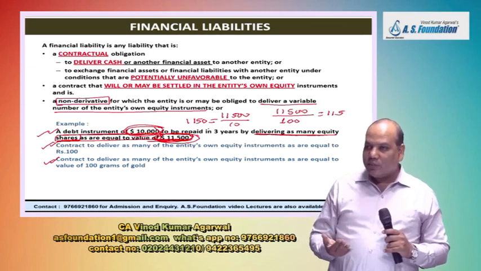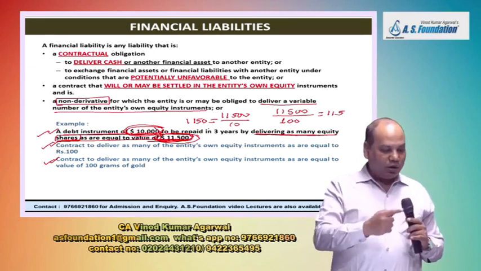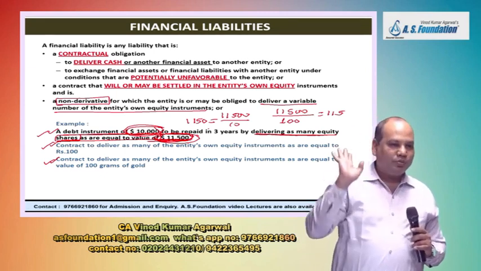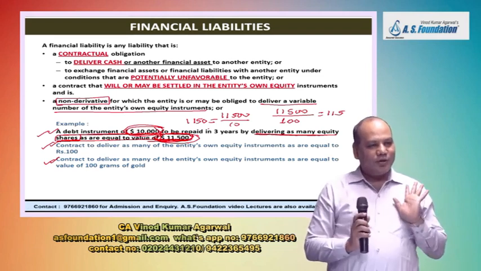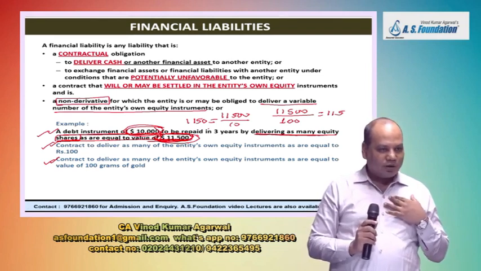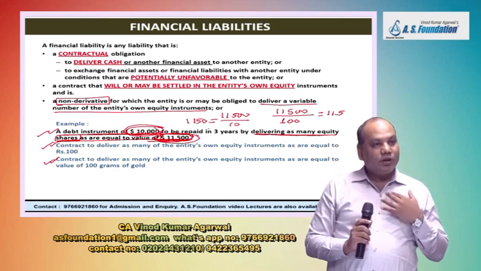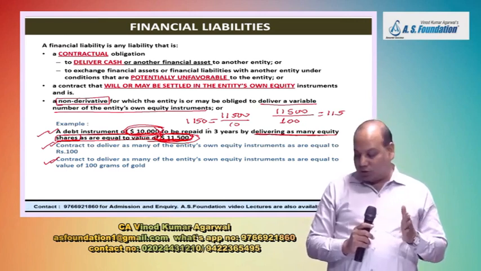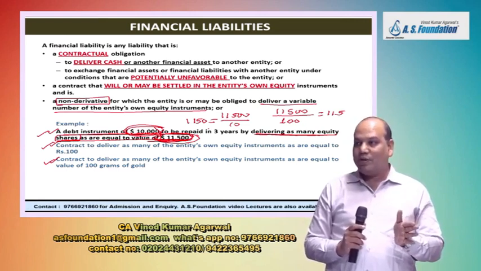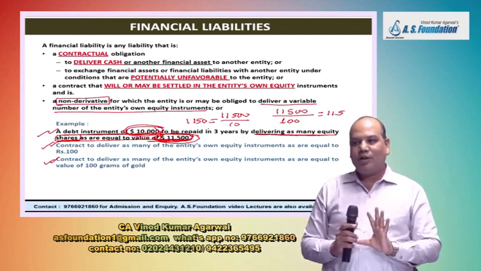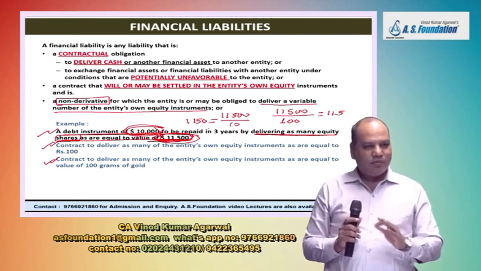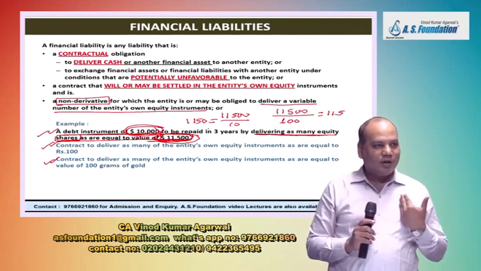How? Again I repeat, suppose you don't understand the first time. 100 shares I am going to issue against your $10,000 that you have given me as a loan. Now the other party is exposed to the risk. After 3 years, if the price of the share is $10 only, he'll get only 100 into $10, whereas he had invested 10,000 in me.